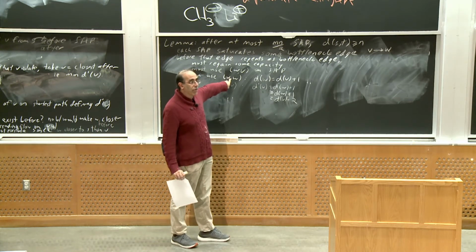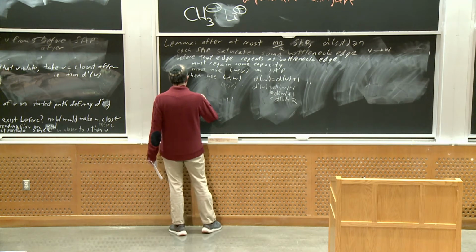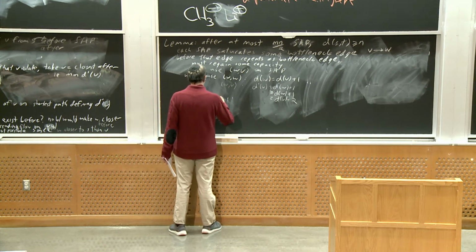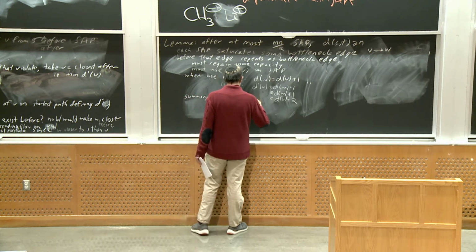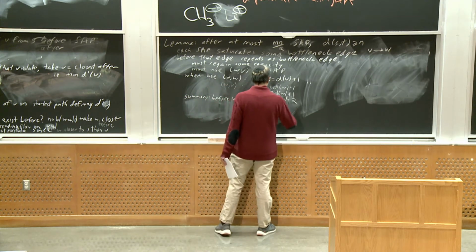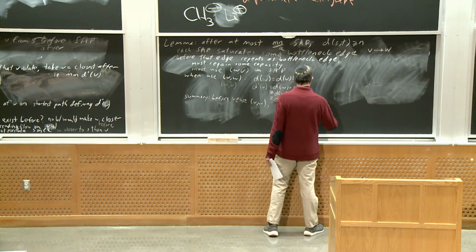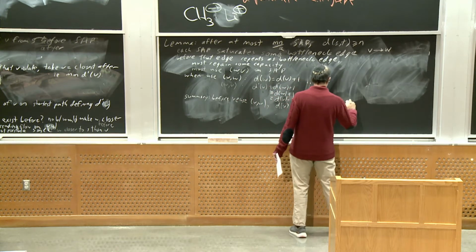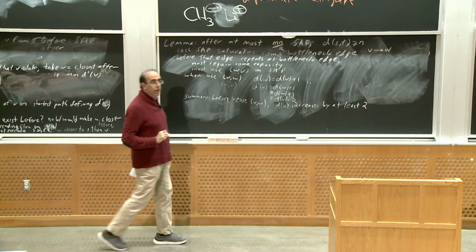It has to get 2 farther away before we use it again. So the summary is, before we reuse VW, the distance of V increases by at least 2. Okay?